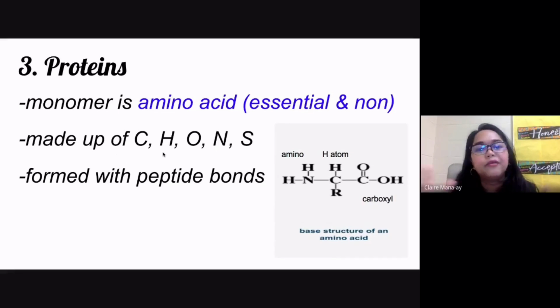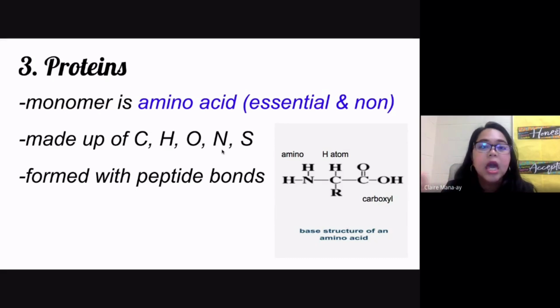Now, the difference between the molecular structure of your proteins and your carbohydrates and lipids is that while carbohydrates and lipids only have carbon, hydrogen, and oxygen, your proteins would have nitrogen in addition, and also sulfur. Nitrogen especially is one determining factor that this is a protein.